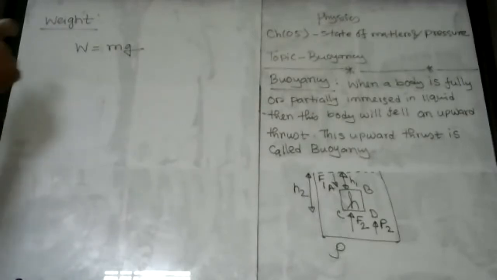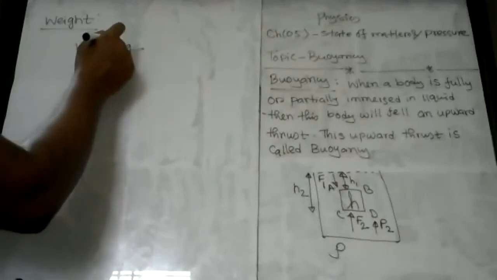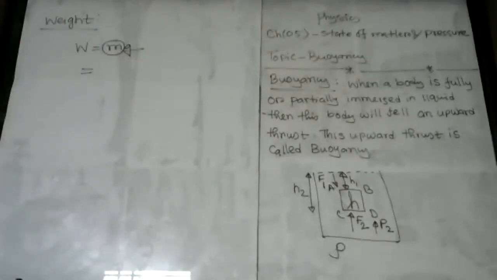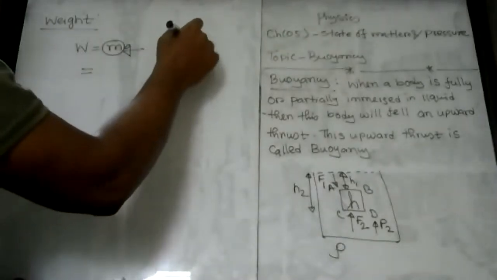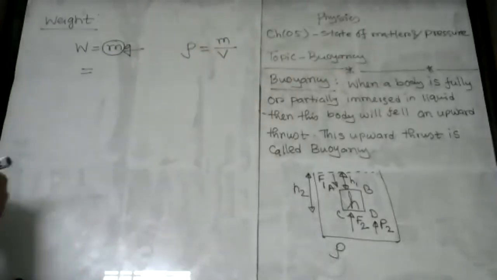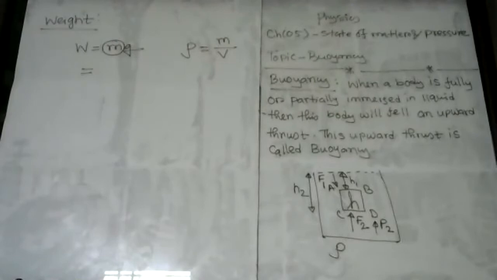I'm going to describe this M on the basis of the density rho. You know that density rho equals mass per unit volume.